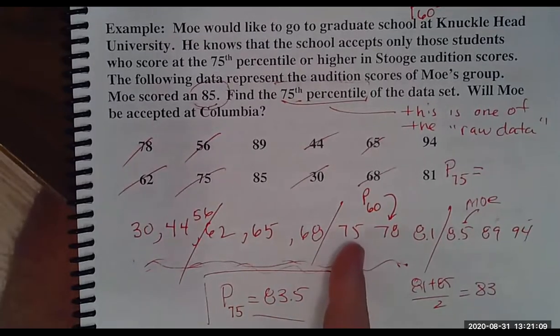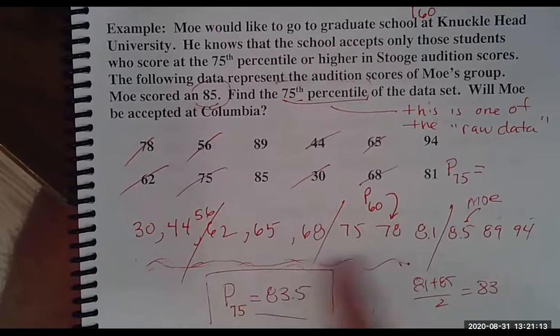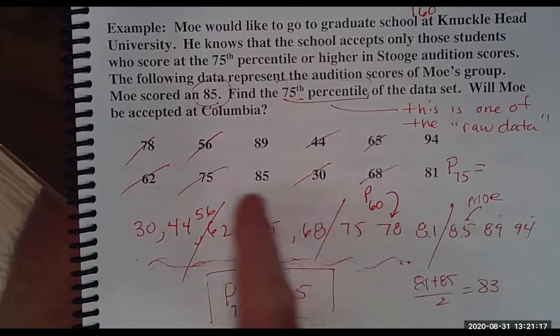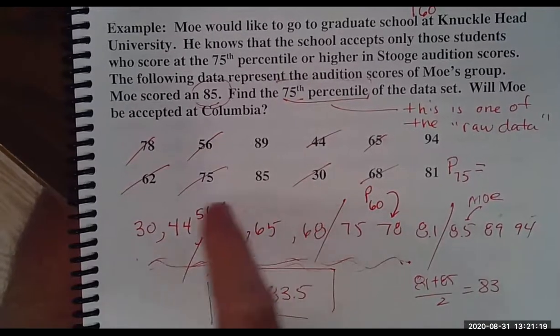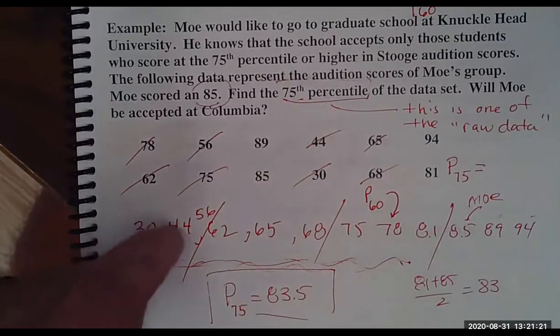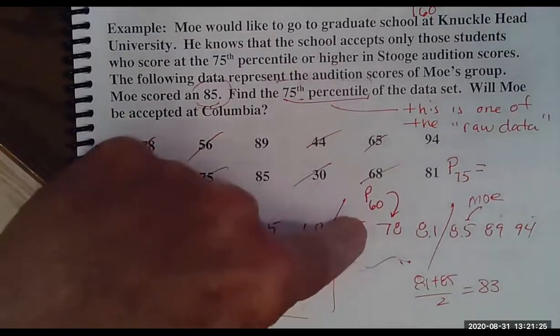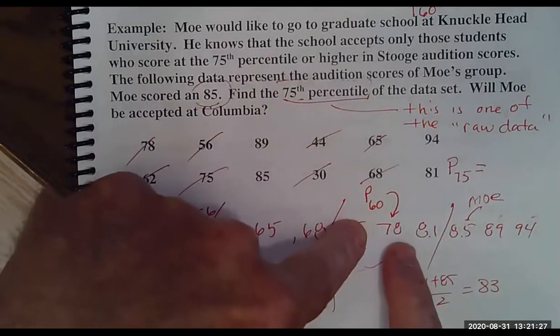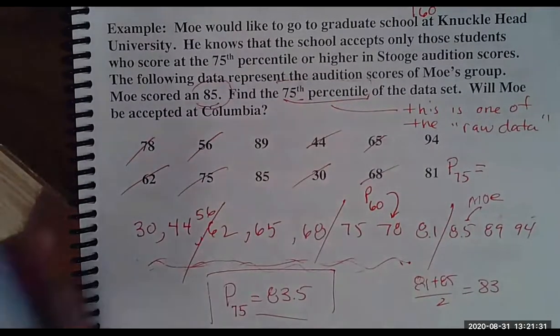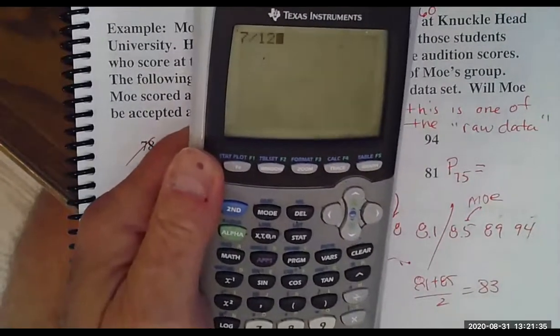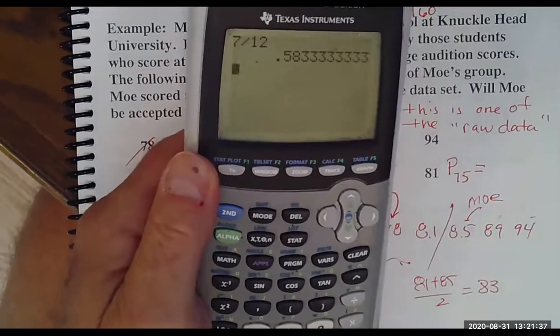That means about 60% of all the data is about this many. 60%. Well, 1, 2, 3, 4, 5, 6, 7. 7 out of 12 should be close to 60%. 7 out of 12 is close to 60%. Yep.